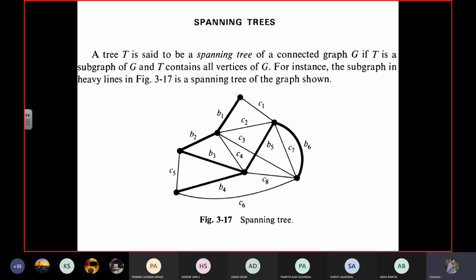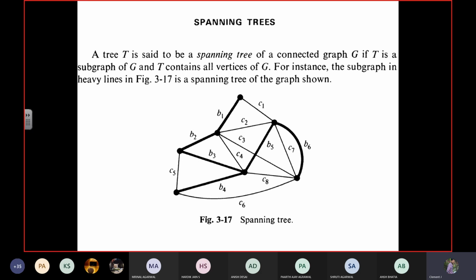Spanning subgraph is a subgraph that contains all the vertices of the graph. Very good, exactly the correct sentence. A spanning subgraph is a subgraph which contains all the vertices of the original graph G.